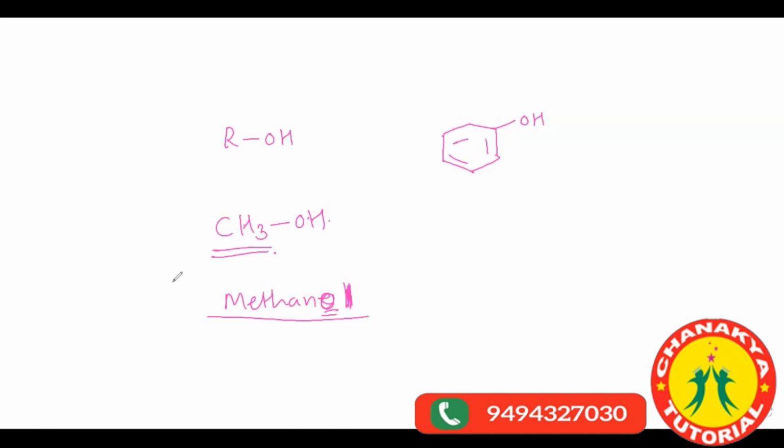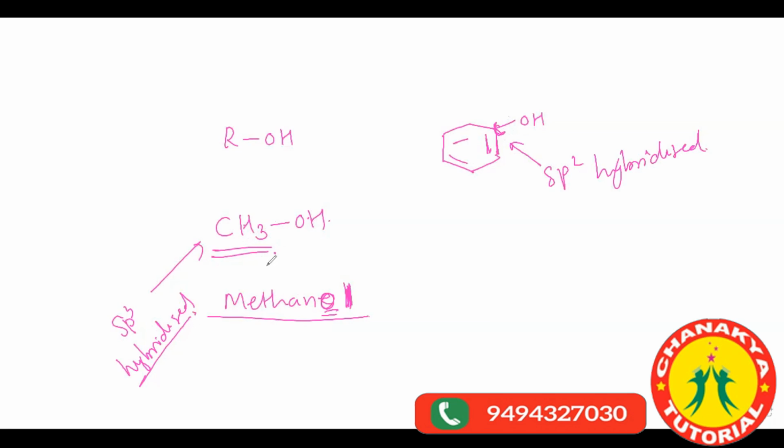In this, the carbon atom is sp3 hybridized. Right? And what about this carbon atom? It has a carbon-carbon double bond, right? And hence it would be sp2 hybridized. Understand?